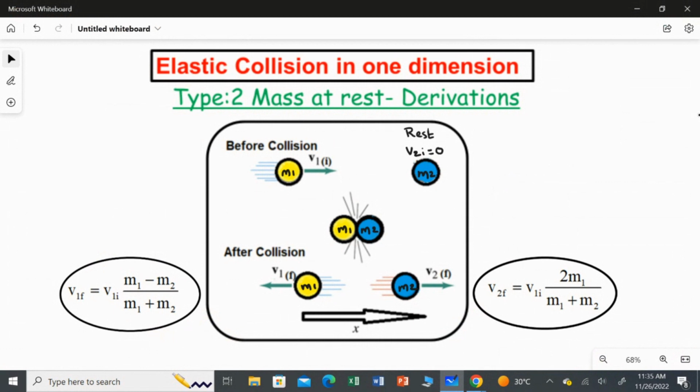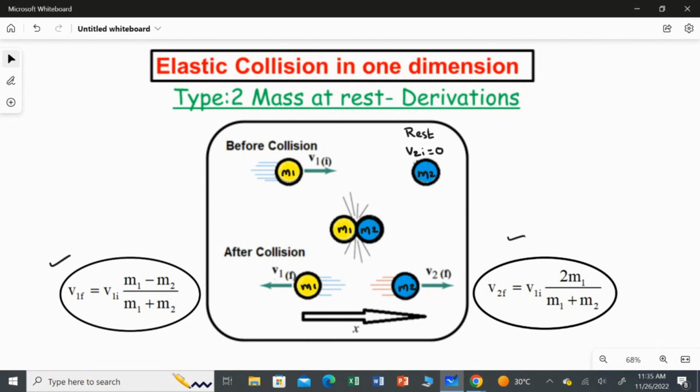Here in this video, I am going to show you the derivation for getting the final speed of the first mass and the final speed of the second mass. Clear? For this also, we have to consider the two main equations. The first one is the law of conservation of linear momentum and the second one is the law of conservation of kinetic energy.